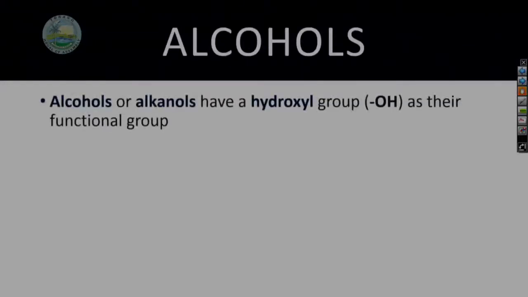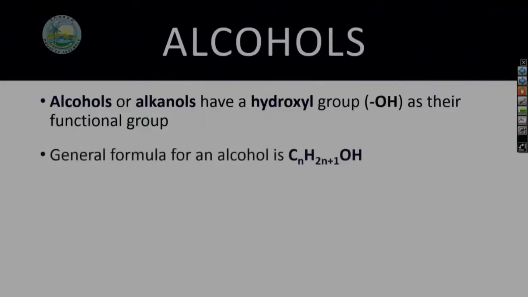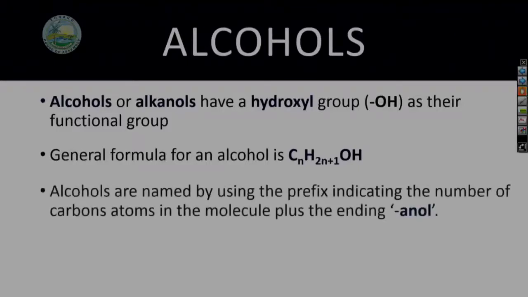So, alcohols. What are alcohols? Alcohols or alkanols have a hydroxyl group, OH, as their functional group. The general formula of an alcohol is CnH2n+1OH, and as we would have learned in the previous videos, alcohols are named by using the prefix indicating the number of carbon atoms in the molecule plus the ending -anol.